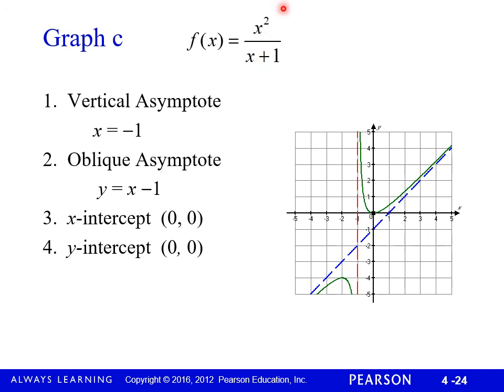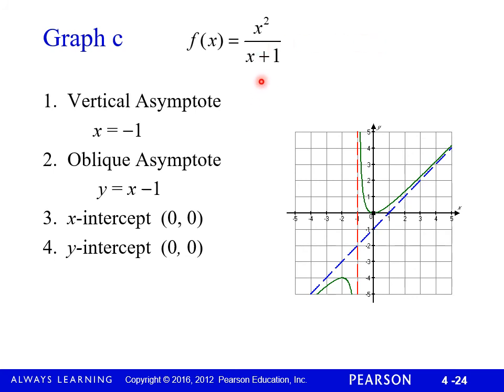But it's 1 degree more, so we have to figure out if there is an oblique asymptote by dividing the denominator into the numerator. Now remember, in this specific problem, this would be x plus 1 into x squared plus 0x plus 0. You'd have to put those zeros in there so that you can do the long division.